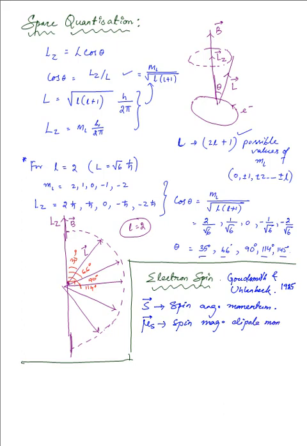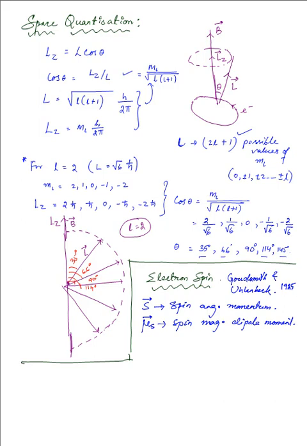It will behave as a dipole obviously, because a charge moving along a circle will behave as a dipole, so it will have a spin magnetic dipole moment as well. Now these were the additional things which were added to the orbital angular momentum as well as the orbital magnetic dipole moment mu L taken previously.